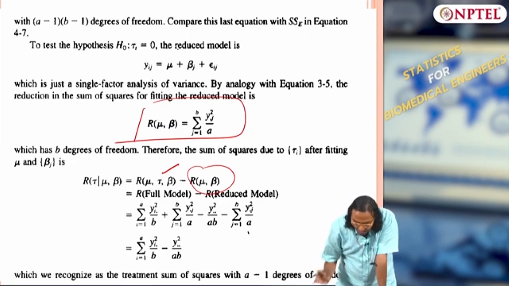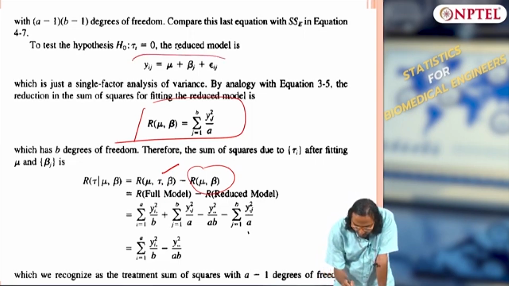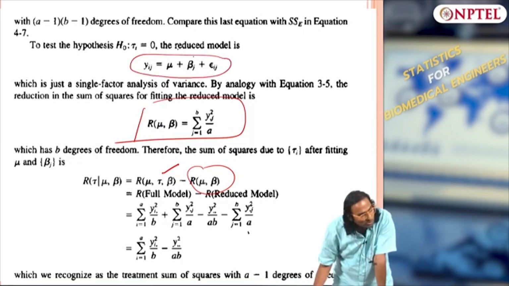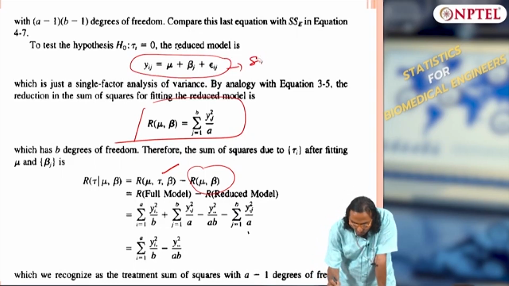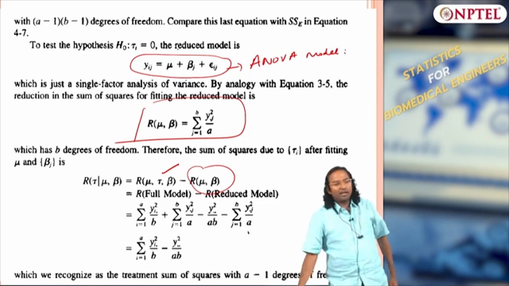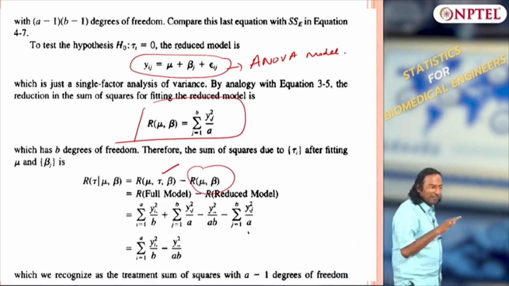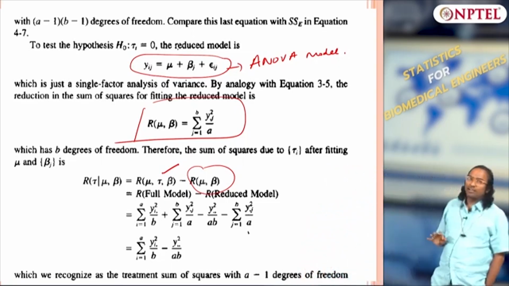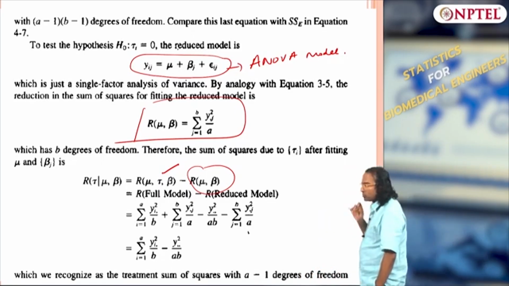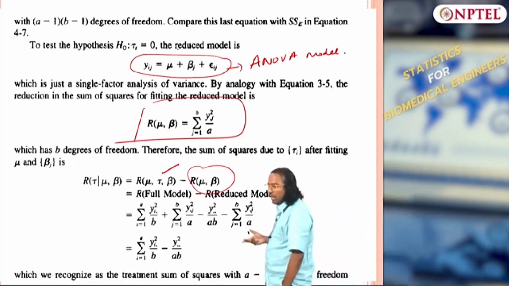You can do a single ANOVA with tau i equal to 0. So this is your ANOVA model, where I have removed the treatment itself and I am writing the model as y ij equals mu plus beta j plus epsilon ij.